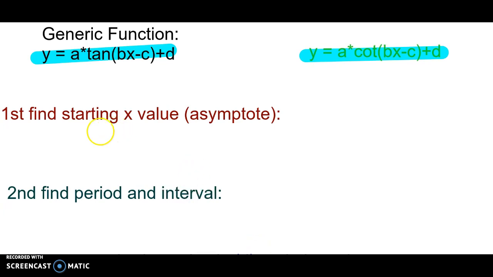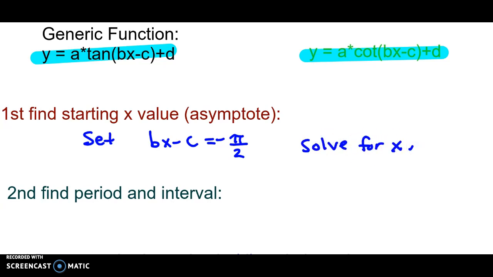To do that, we're going to set bx minus c equal to negative pi over 2. This should give us our first asymptote, which is one of the 5 things that you need to graph. And you're going to solve for x. Now, how's this different than before?